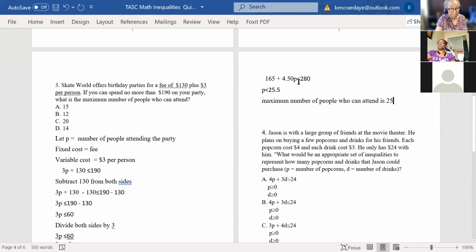Questions? This one wasn't as straightforward, so you had to really set up your inequality and then solve it.